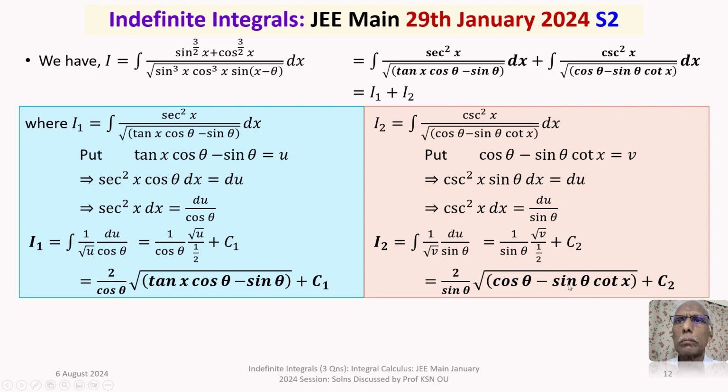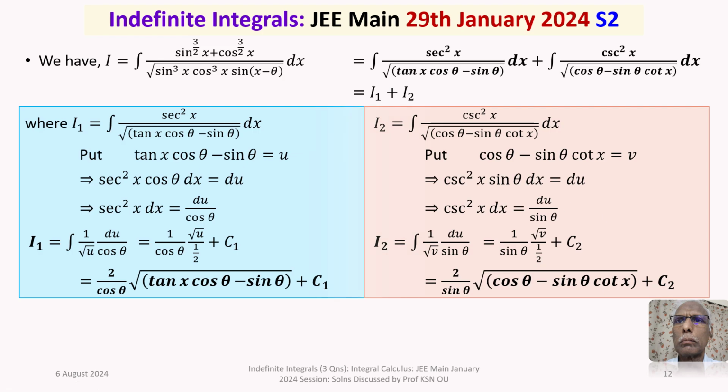V is cos theta minus sin theta cot x, plus c2. Agreed. So these are not du I have written, that is a typographical error. It is dv. Right. Let's go back.